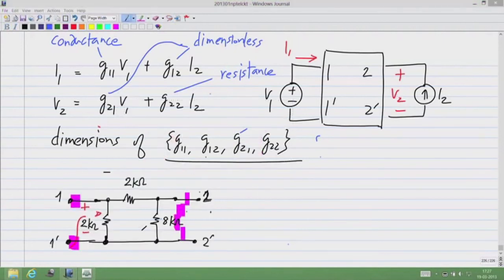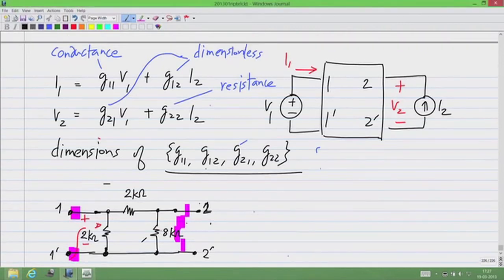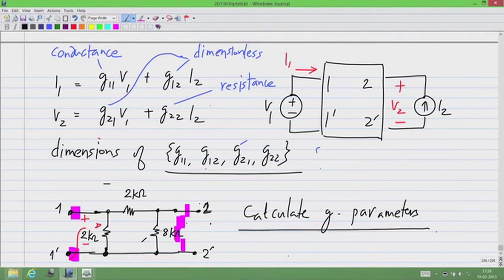Somebody answered that G22 will have no units. That is not correct. G22 will have units of resistance, dimensions of resistance.